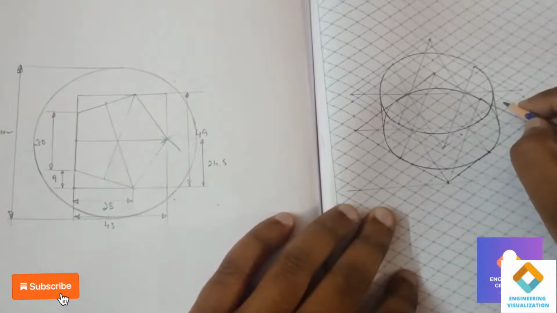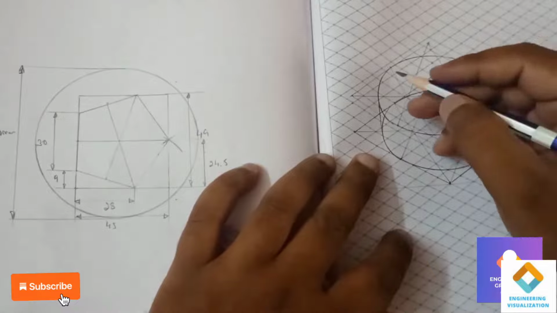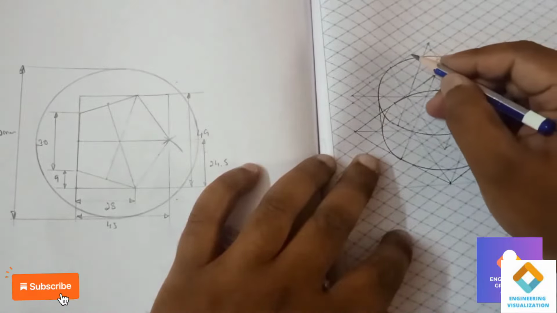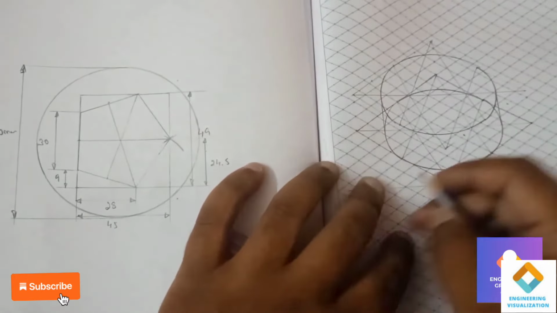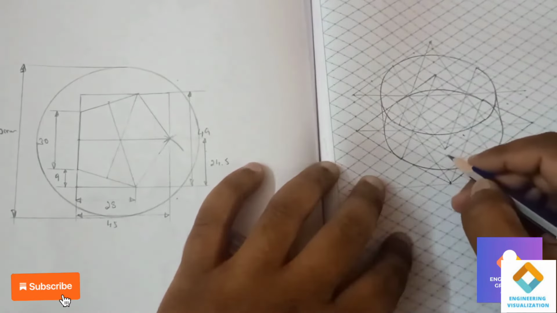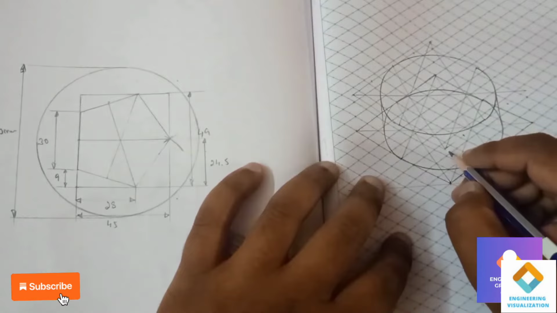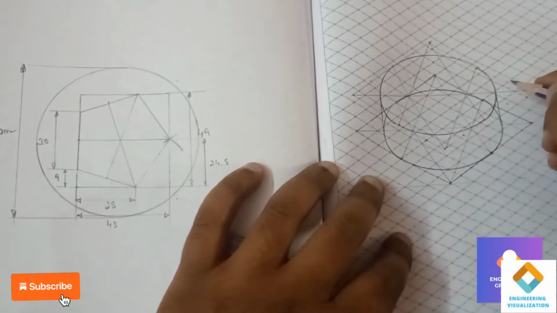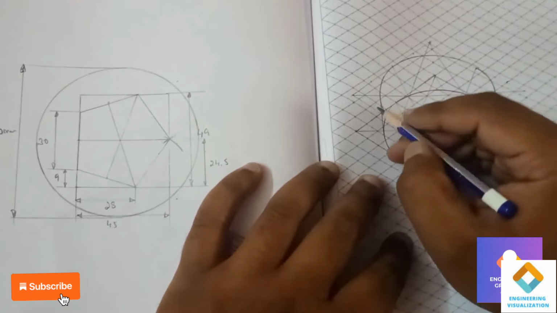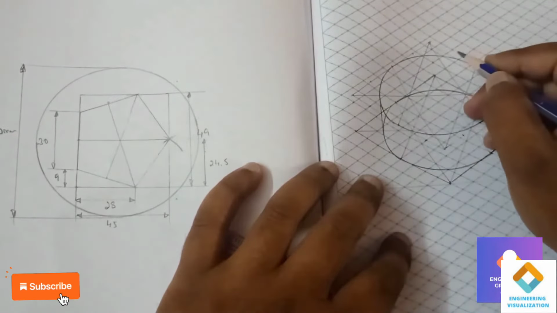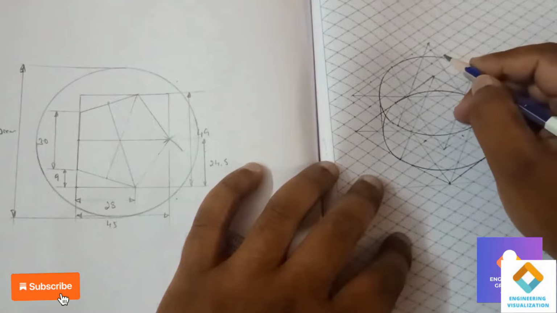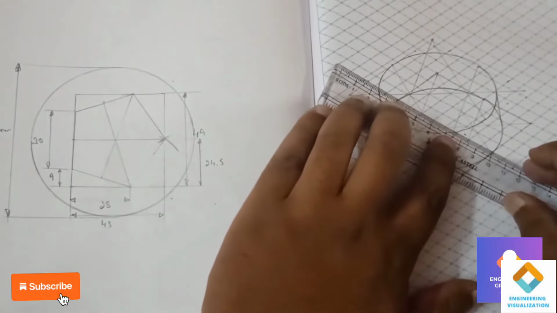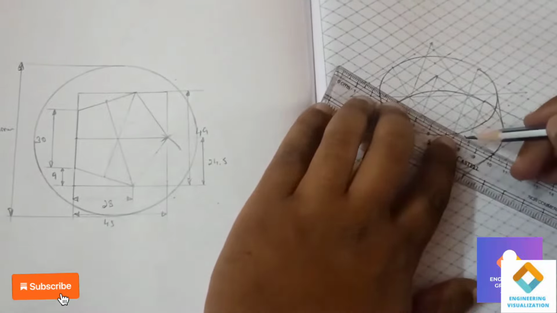From this side also 17.5. There also I should mention 17.5, and here also 17.5. Now on the other side we should mention 15, 15, 15 and 15. Now we'll draw the lines connecting these points.